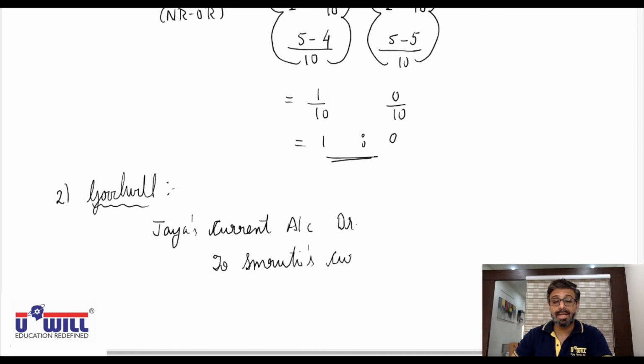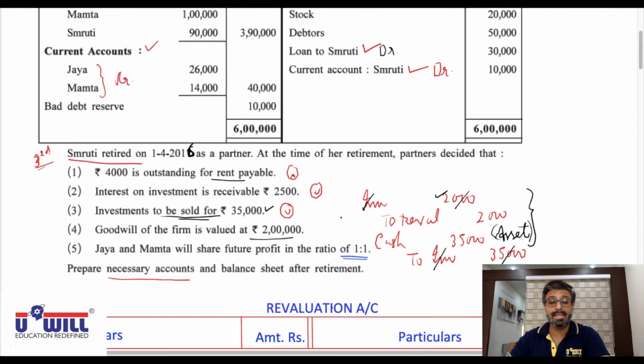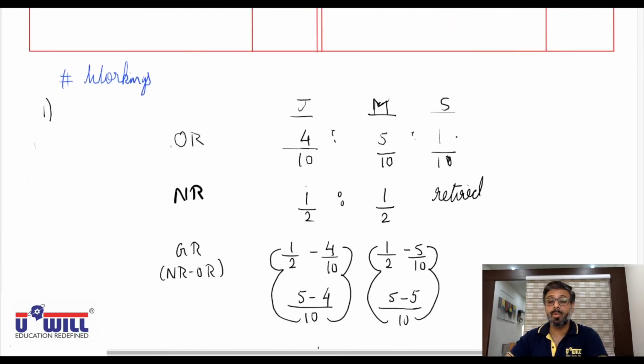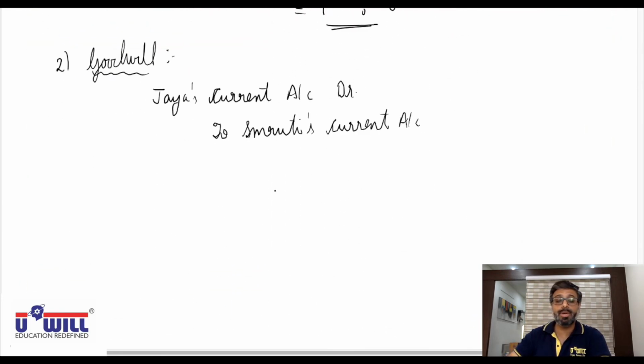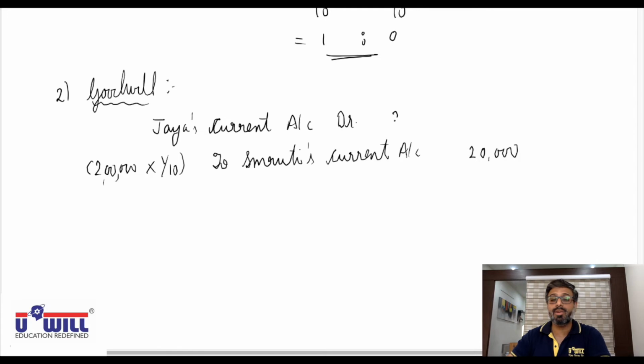Now first, retiring partner's amount. Goodwill's value is given in the question as 2 lakhs and retiring partner Smriti's share is 1/10. So goodwill into retiring partner's share, that is 2 lakhs into 1/10, will be 20,000. Smriti's current account with 20,000 and the same amount entirely will go to Jaya.